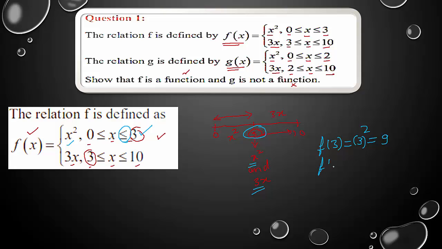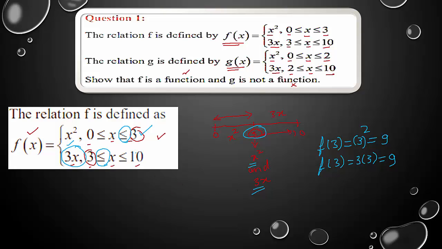So again I can use f of 3 for 3x also, because here also the condition is less than or equal to. That means 3 is used for both x square as well as 3x. So 3 into 3 will become 9. Clear?